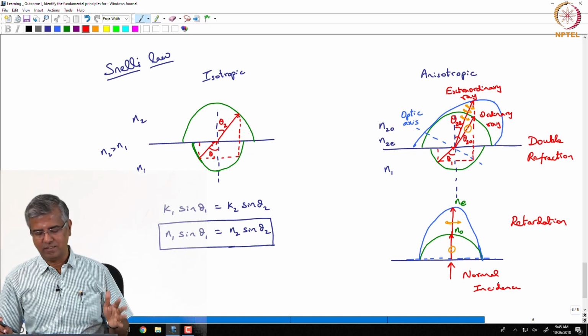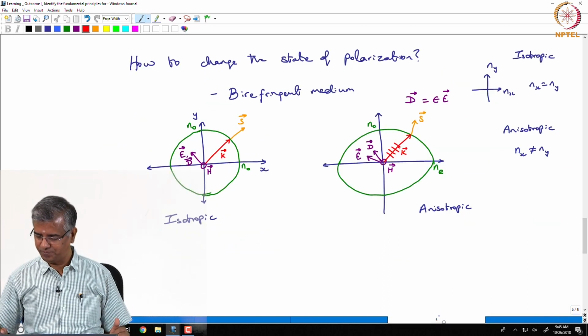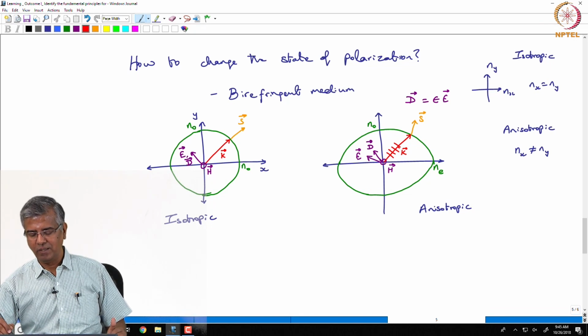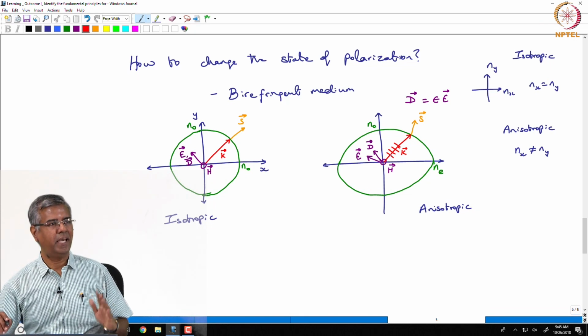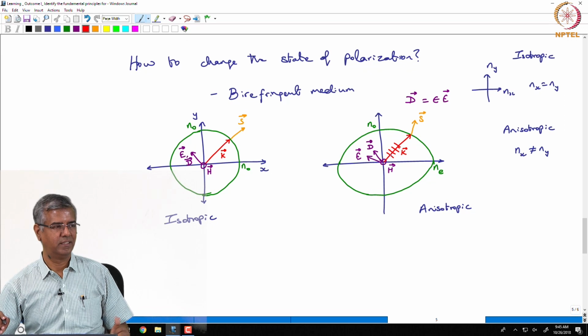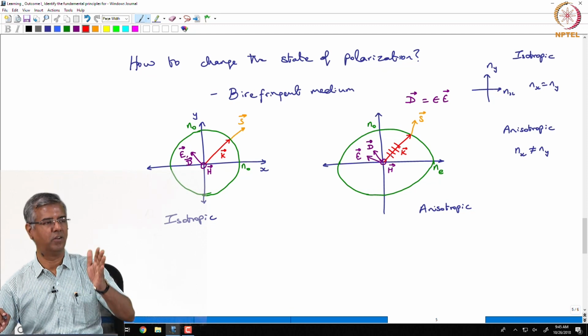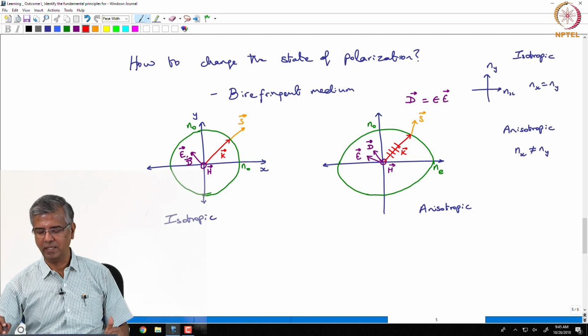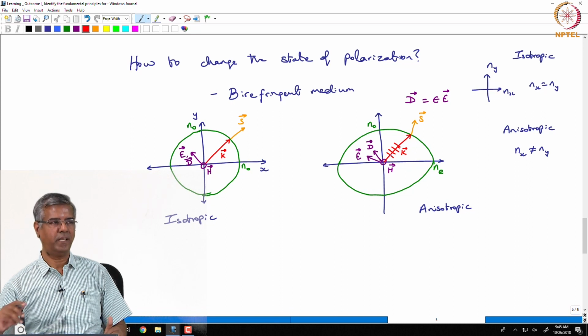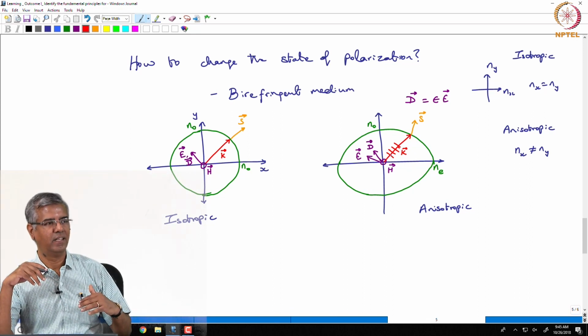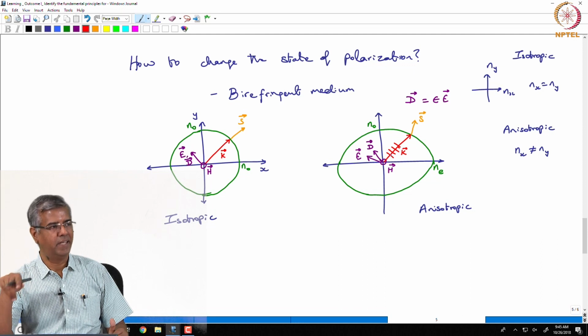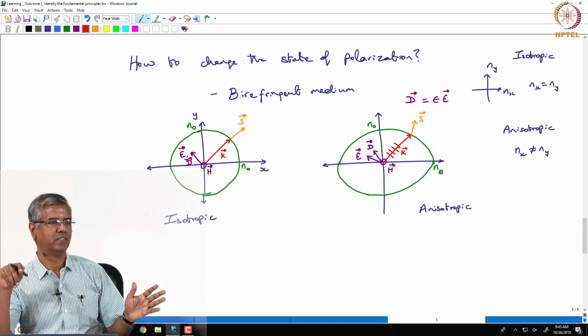What do you think will happen? So, what we talked about here is that the k vector will be aligned, right? The k vector will be aligned, so it's all normal, but since the optic axis is at an angle, your energy direction, your Poynting vector, will be off axis.